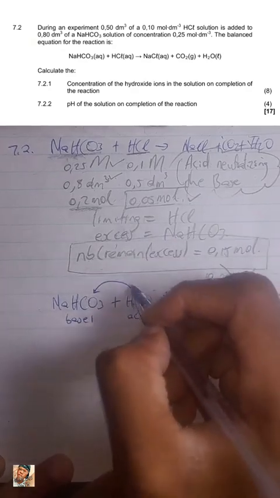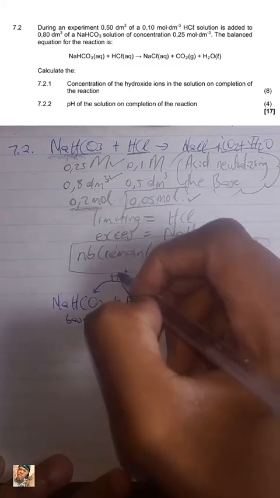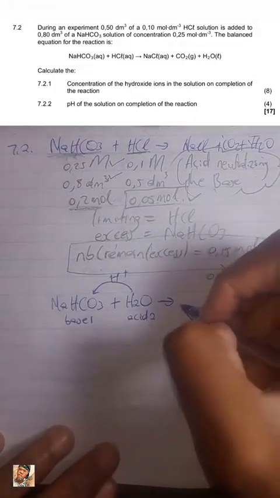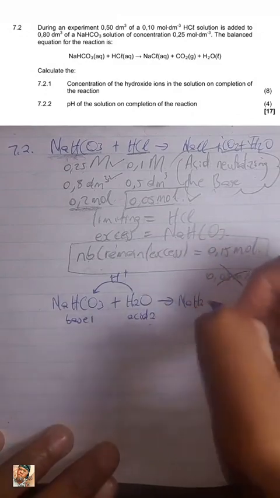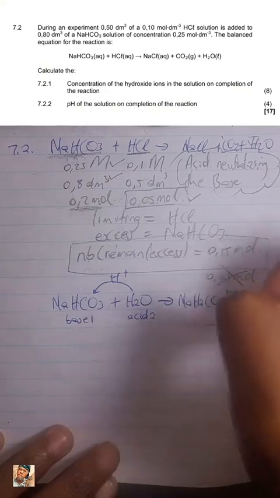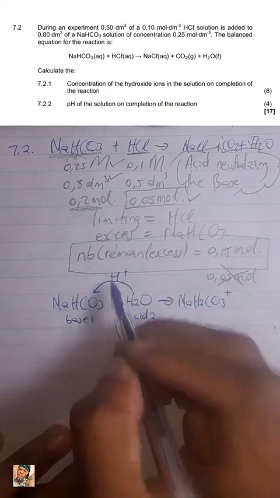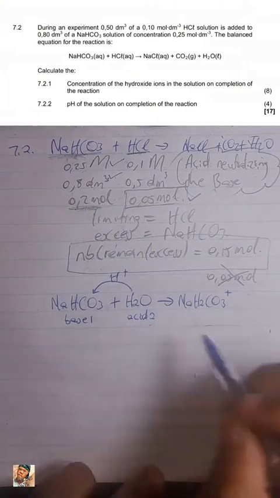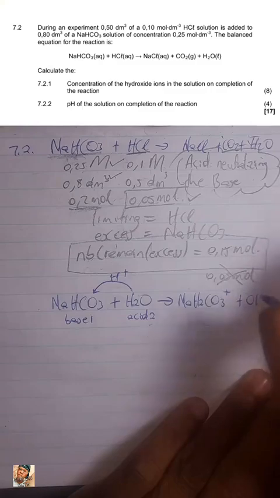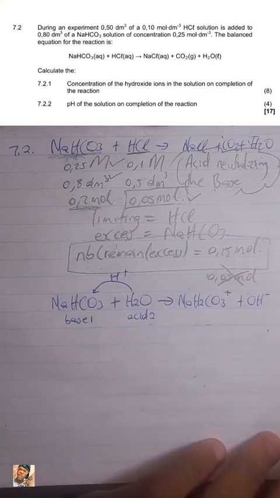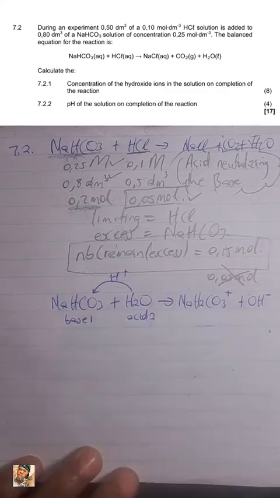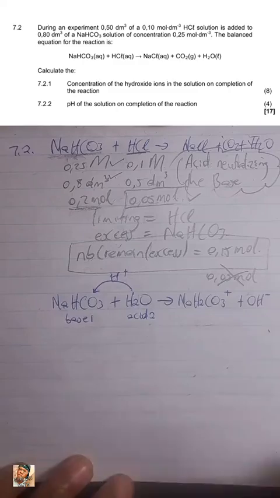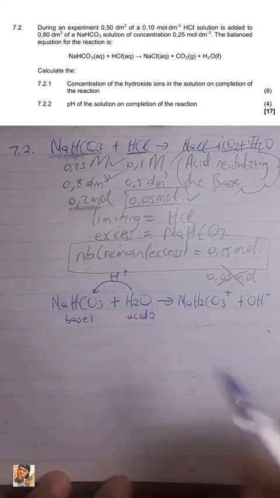So this is going to donate a proton, H plus. That means this is going to receive a proton, so we're going to have a plus here. So we're going to have NaH2CO3 plus. Why is it plus? Because it has received a proton. Then, after the water has lost a proton, only OH minus is going to remain. That means it's going to lose one hydrogen, so we're only going to have OH: one oxygen and one hydrogen.